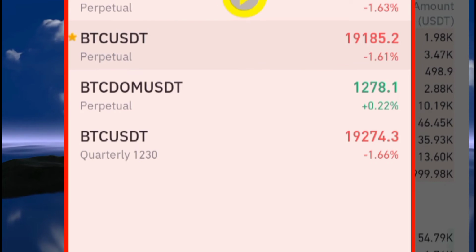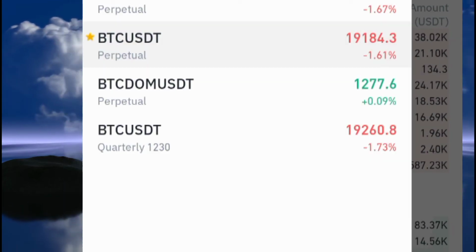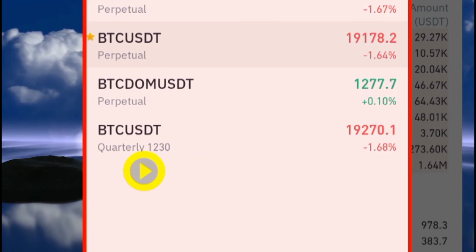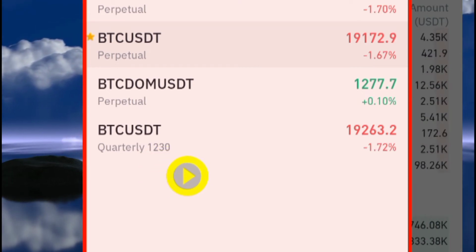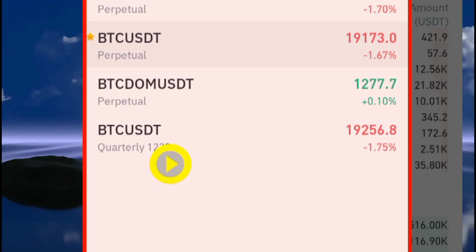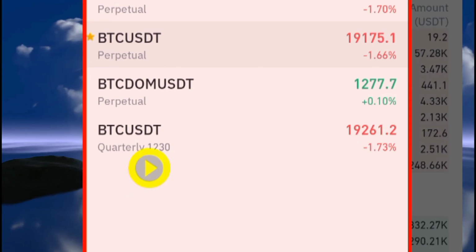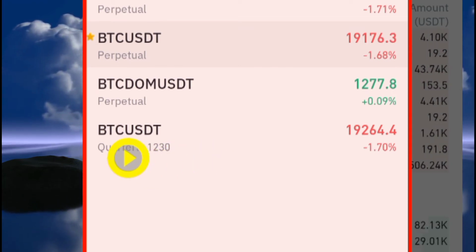If you look very closely, you will see that it's got a number, 1230. What this means is that this contract has an expiration and it's going to expire on this date right here. How do you read this date? This means the 30th of 12th, with 12 representing the month, so the 30th of December. So this contract right here is going to expire.